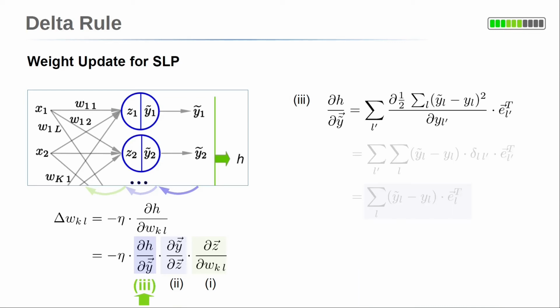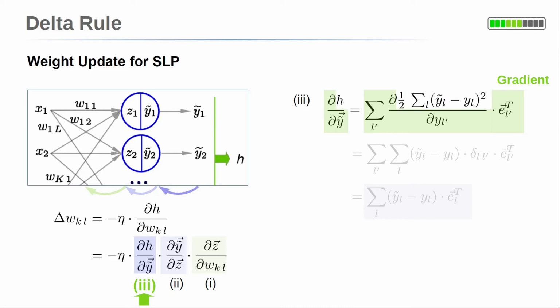Finally, we considered the derivative of the cost function h with respect to the output vector y tilde. The cost function was chosen to be the mean squared error of all components. So h equals 1/2 times the sum over all output components L of the squared difference of model output y tilde L and data's true value YL.